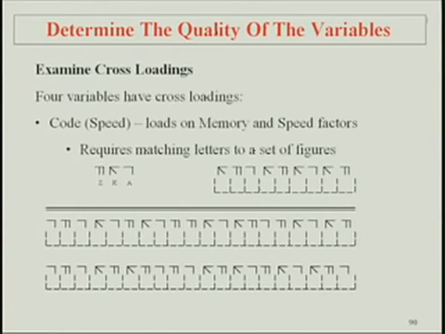So that's how you examine these items. You go through them and think about it. And if it seems like the cross-loading is okay to you, then you could include that item. But if it seems really bizarre, like it measures speed and something totally unrelated to anything in the item, like reading comprehension, I don't know, maybe it could have a little bit of that, but I don't think much.